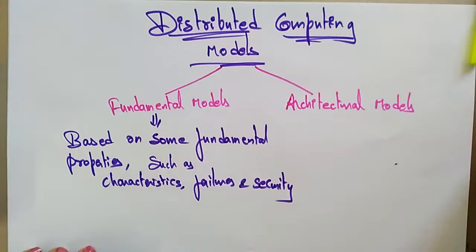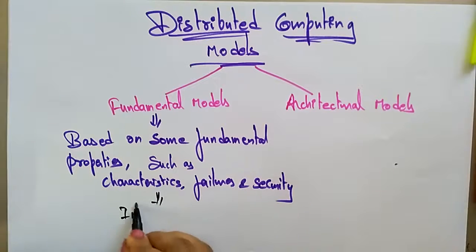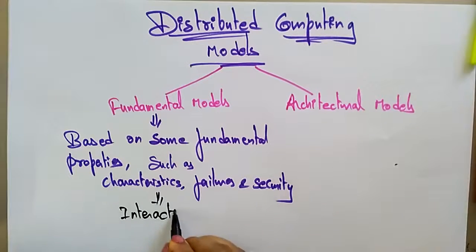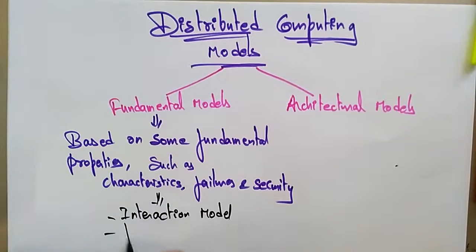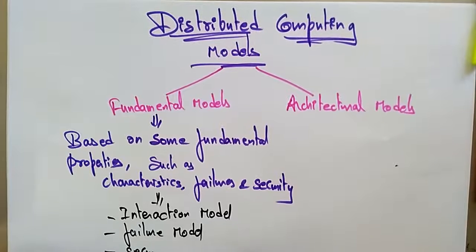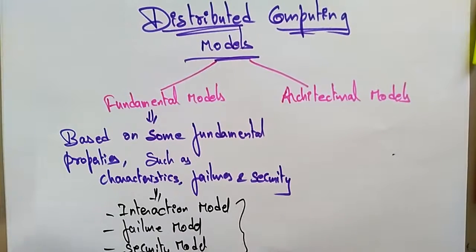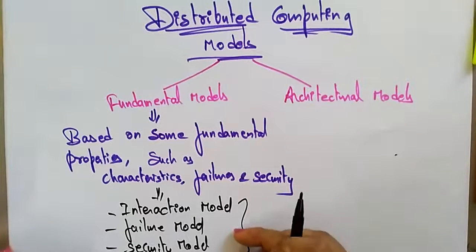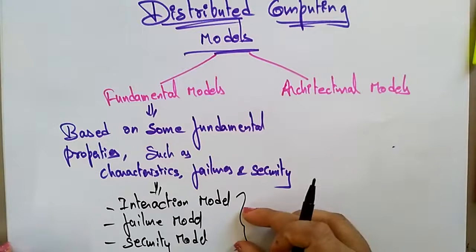The different examples of the fundamental models are the interaction model, failure model, and security model. So these three models are based on fundamental properties like characteristics, failures, and security.